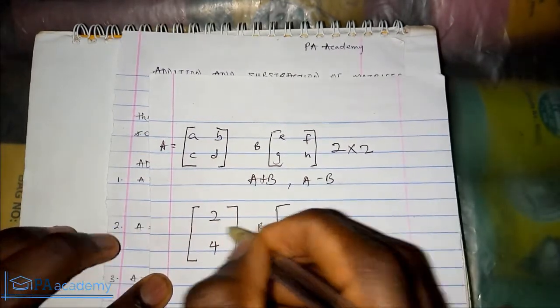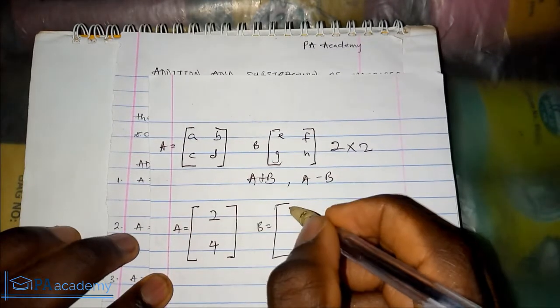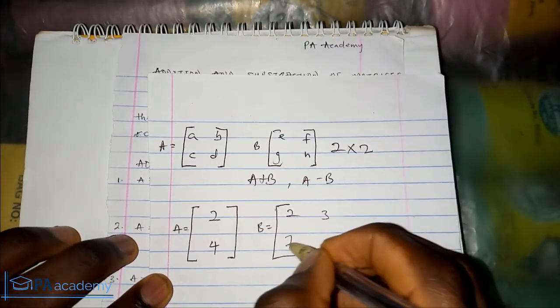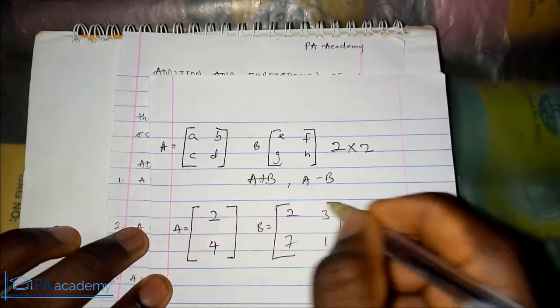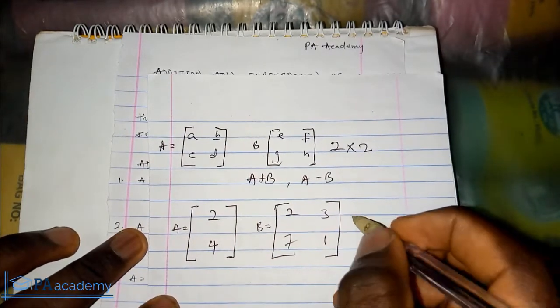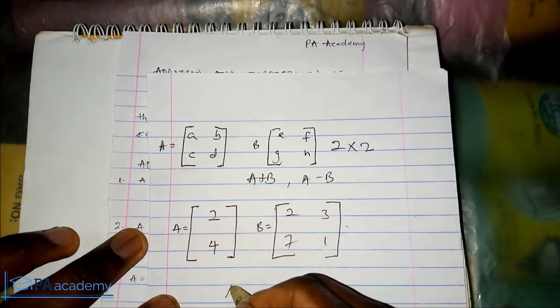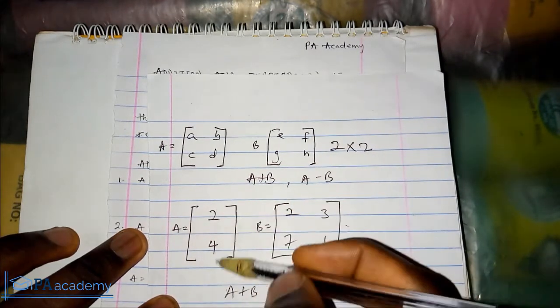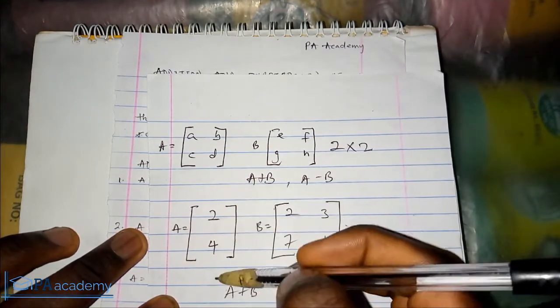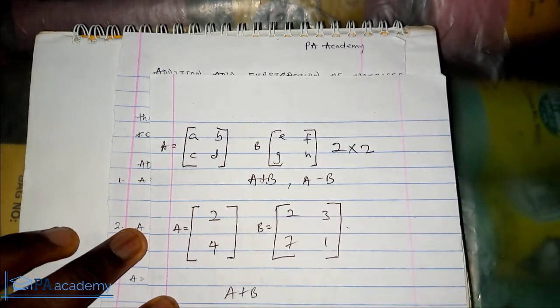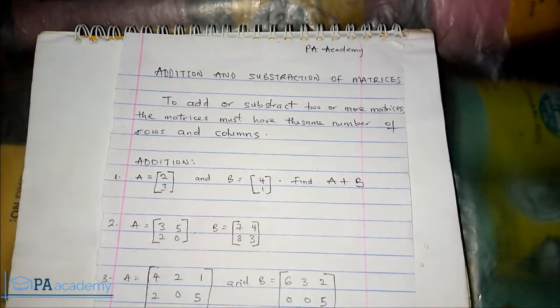This is our B and this is our A, a 2 by 2 matrix. So we cannot have A plus B, because right here we have just one column and here we have two columns. That's why, when you are adding or subtracting matrices, the number of rows and columns must be the same for the matrices.